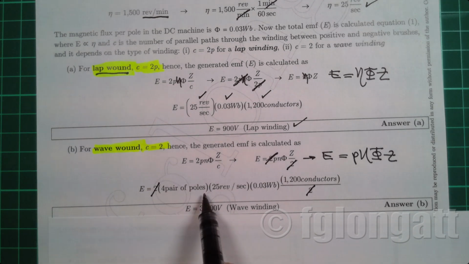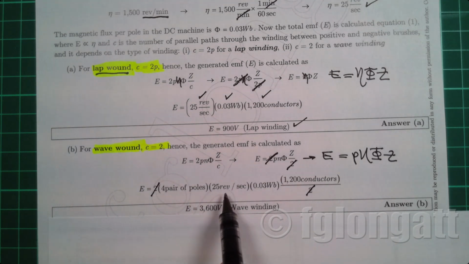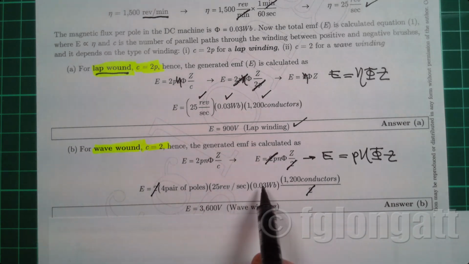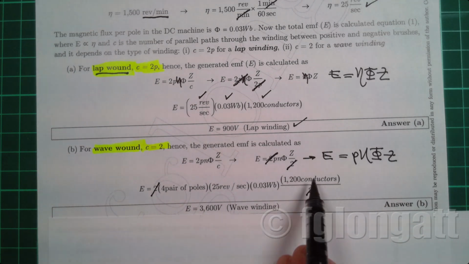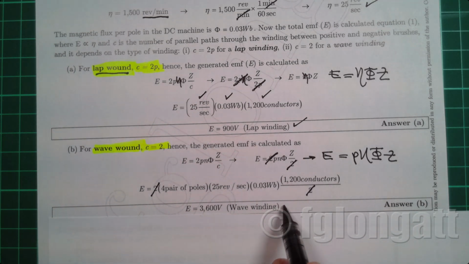And we will have 4 pairs of poles multiplied by 25 revolution per second, multiplied by the flux per pole, 0.03 Webers, and the total number of conductors, 1,200. So beautiful, we obtain the solution over here, 3,600 volts.